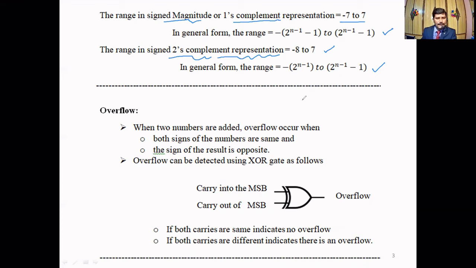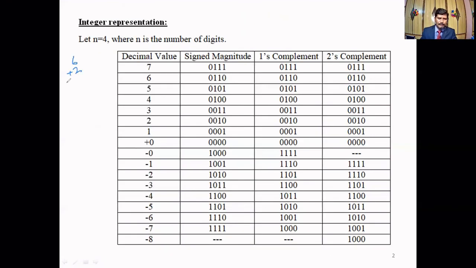So the last point we are going to discuss in the integer representation is the concept of overflow. 6 plus 2, right? What is 6 here? 6 means 0 1 1 0, a positive number. 2 means 0 0 1 0. If we add these two, then what is the value? 0 plus 0 is 0, 1 plus 1 is 0 with carry 1, 1 plus 0 plus carry is again 0 with carry 1.